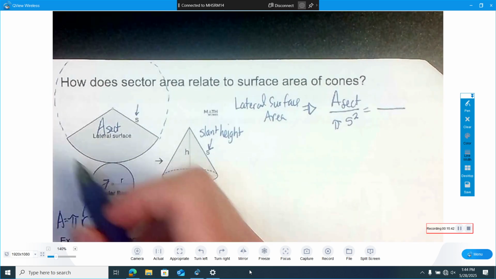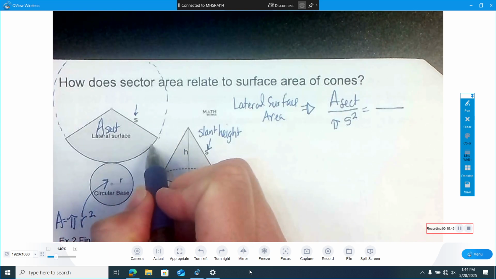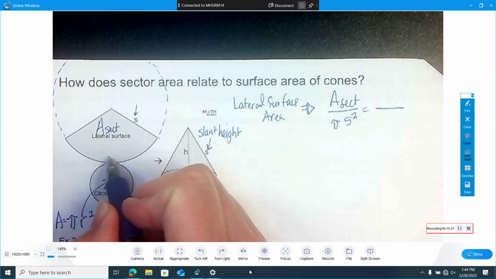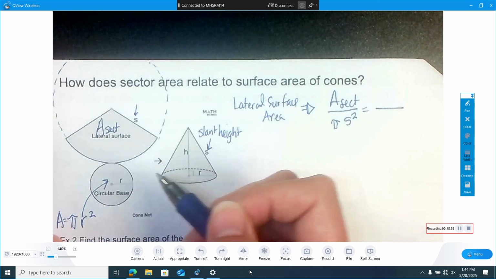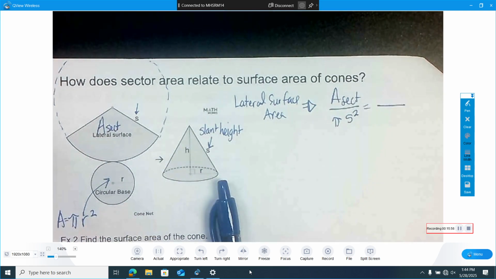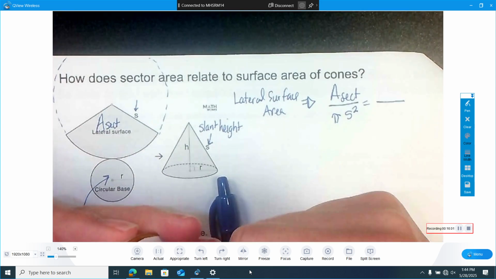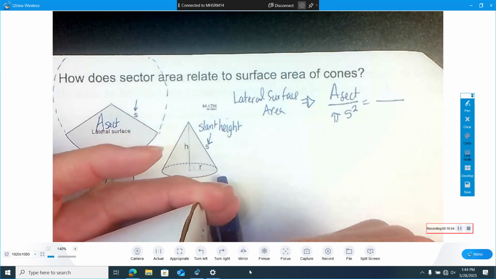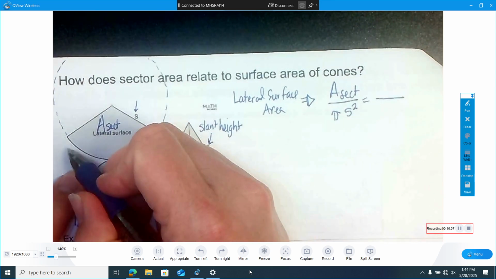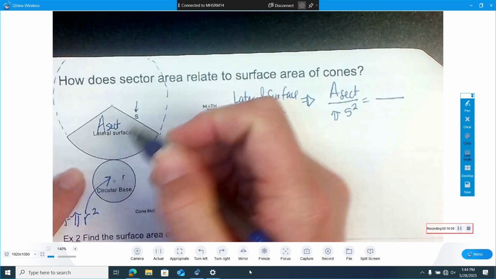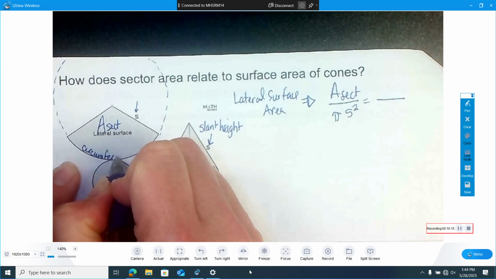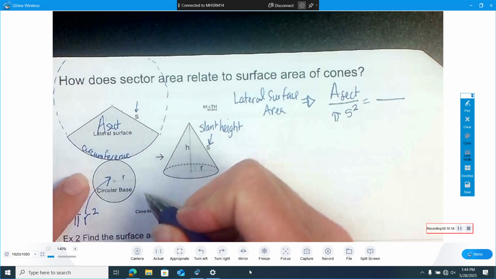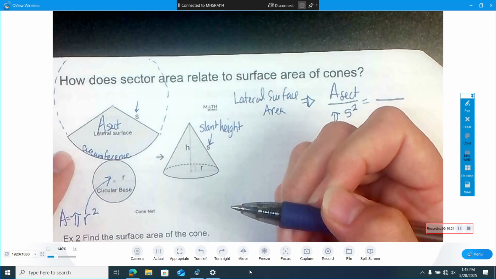Let me see, right here, this edge of my sector. Where does it touch? What does it wrap around? Yeah, it wraps around the circular base. Do you see that? Our wrapping actually touches the circular base all the way around. And so this edge right here is actually the circumference of our little circle, because it's wrapping around.